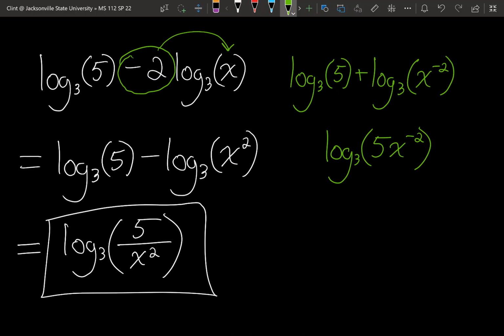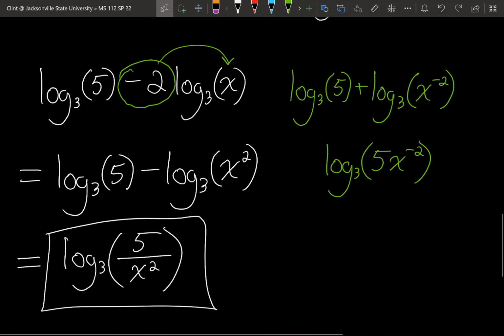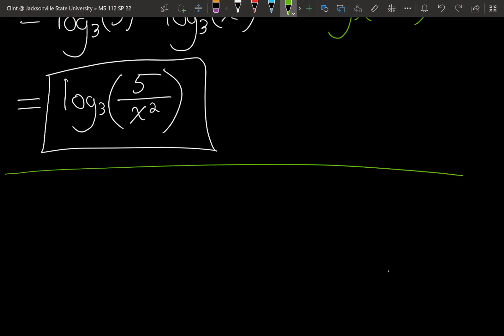Okay. Questions on the properties? One other thing I need to show you. So that one was combine, right? Let me do another expand here.